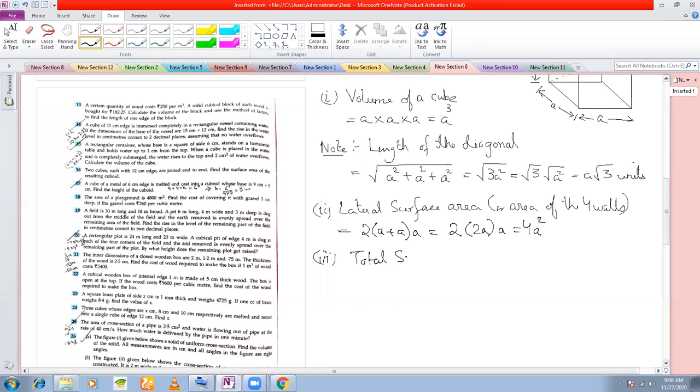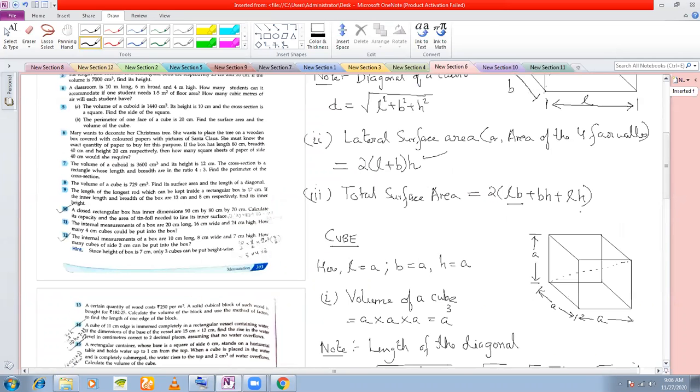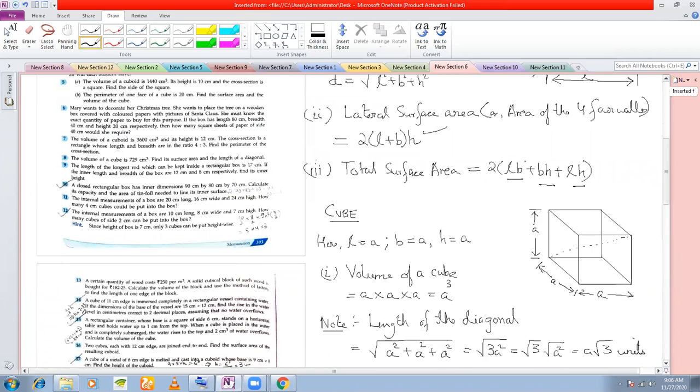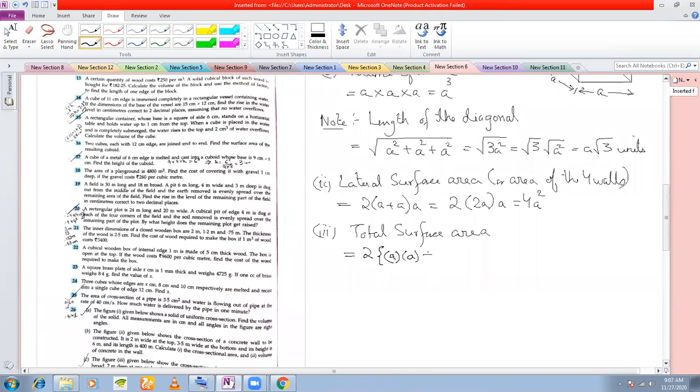Total surface area. Next formula is total surface area. Total surface area of a cuboid was twice (L into B plus B into H plus L into H). So put A instead of all these. So twice (A into A plus A into A plus A into A).